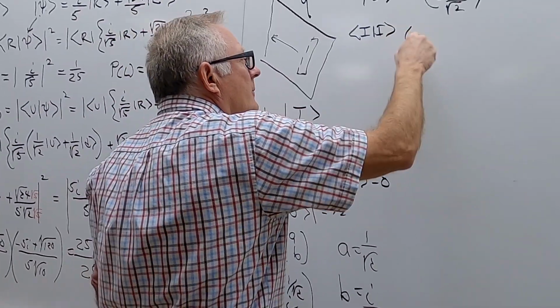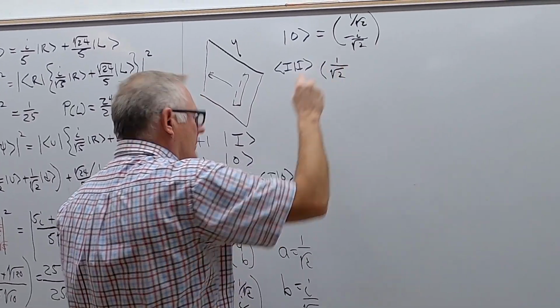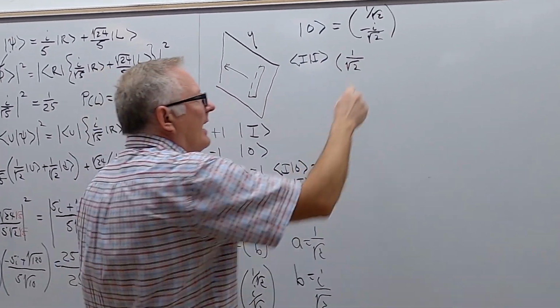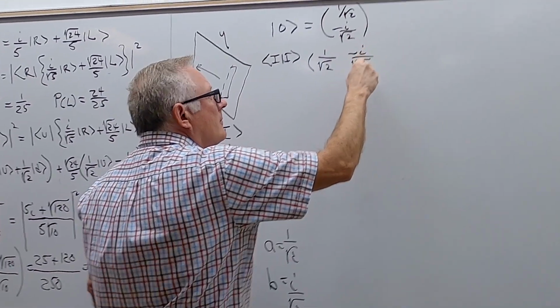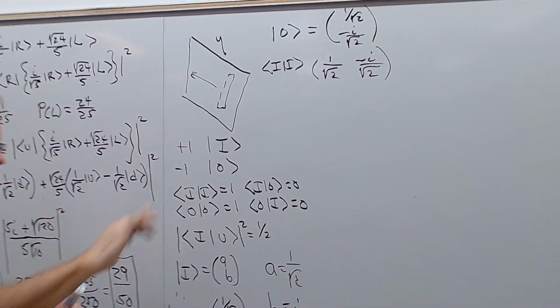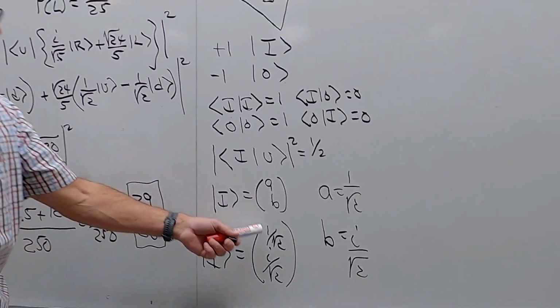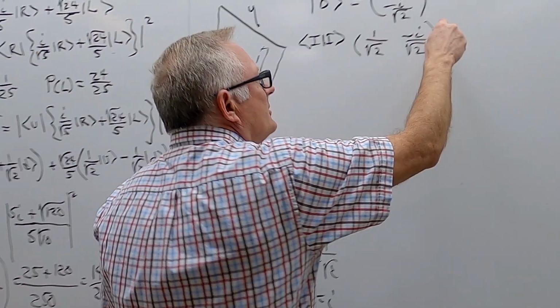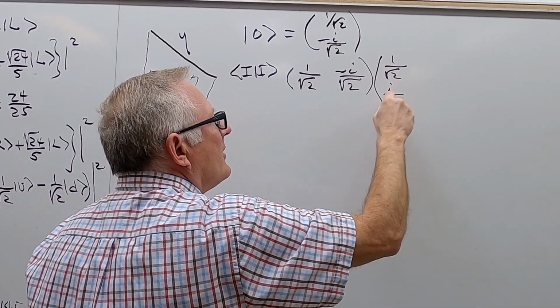So it becomes 1 over the square root of 2 minus i over the square root of 2. Don't forget, when you flip it, you got to take the complex conjugate. And then our regular in, which is this, 1 over the square root of 2, i over the square root of 2.